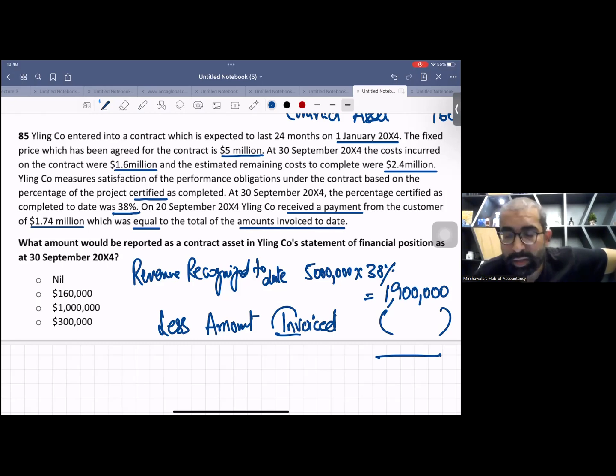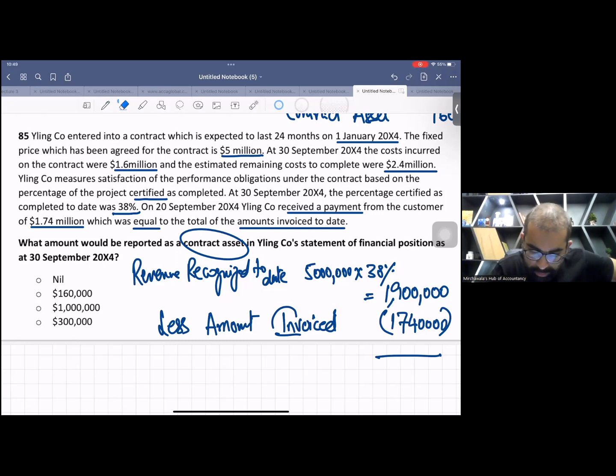We just want amount invoiced because we want this contract asset in the requirement. So it is 1.74 million.